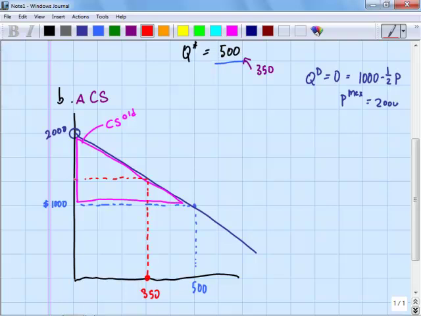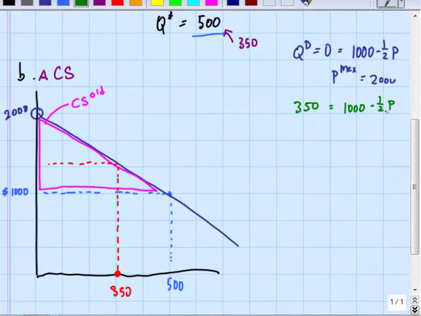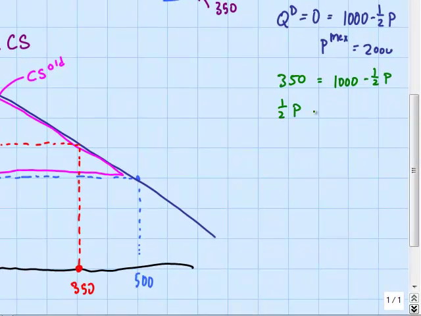The way we'll do that is we'll go back to the same equation again and say 350, the quantity we want demanded, is equal to 1,000 minus 1/2 of P. So 1/2 P is equal to 650. P is going to equal 1,300.